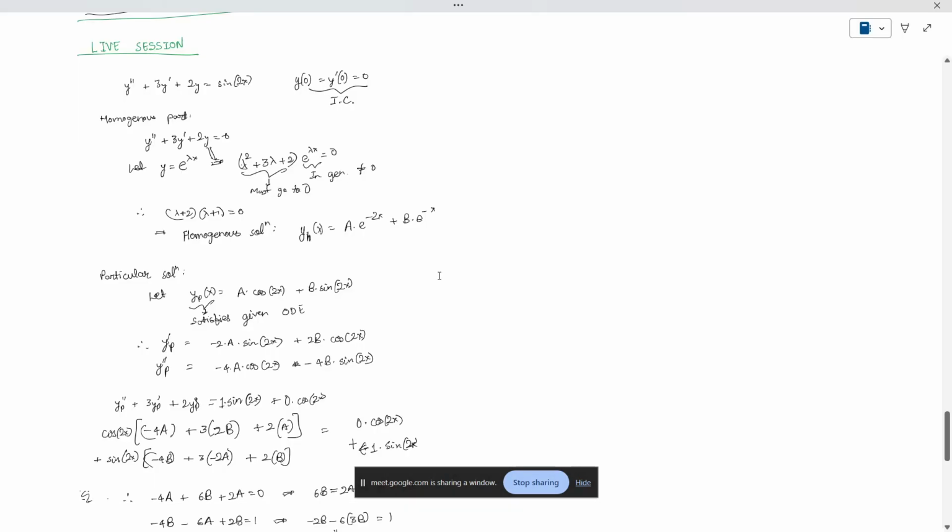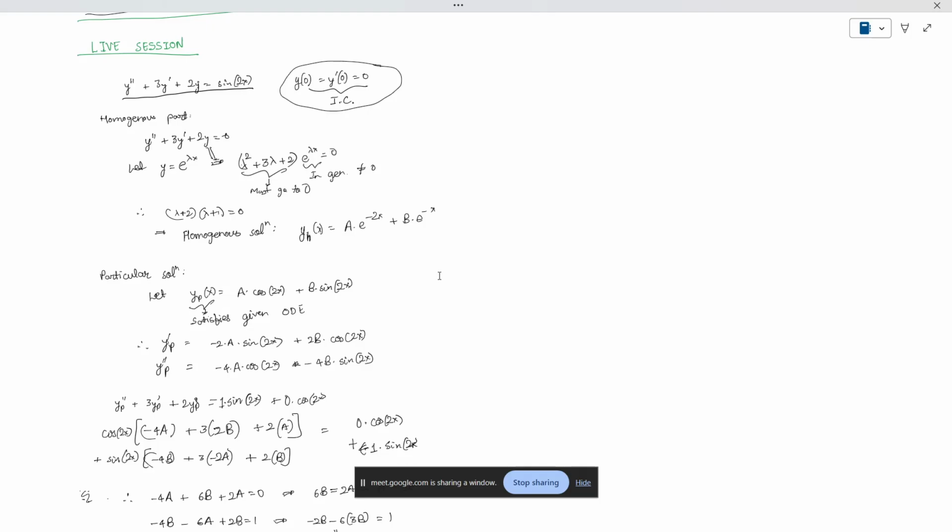Okay, so here I'm looking at the same problem that we have been asked to solve using Python, which is y double dash plus 3y dash plus 2y equals sine of 2x, and these are the initial conditions that have been provided. As you can see, this is an ordinary differential equation.